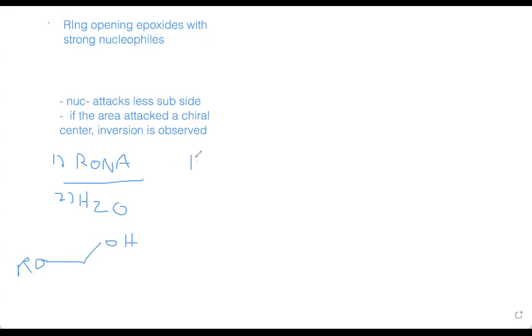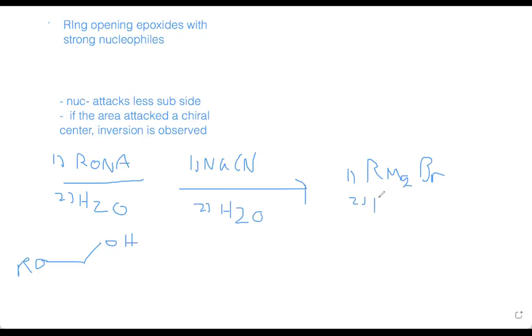Another one is NaCN over H2O, cyanide. What's another one? R, Mg, Br. You definitely know this. It's Grignard.